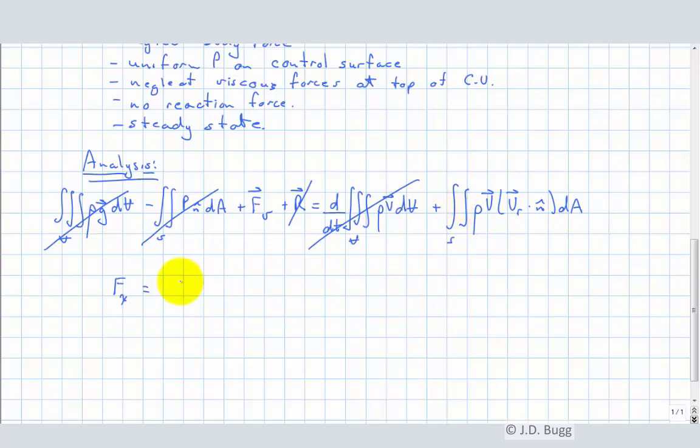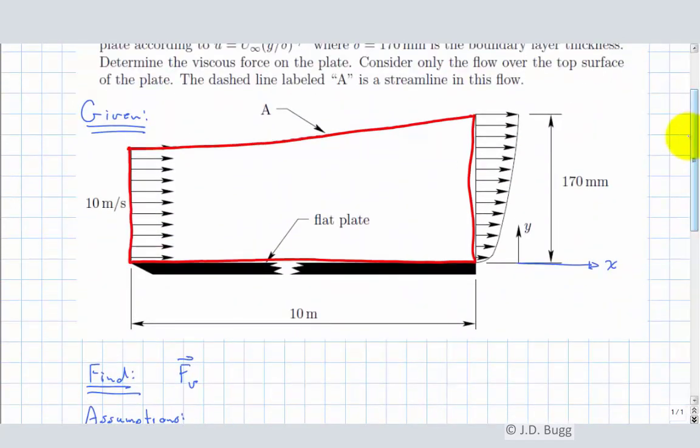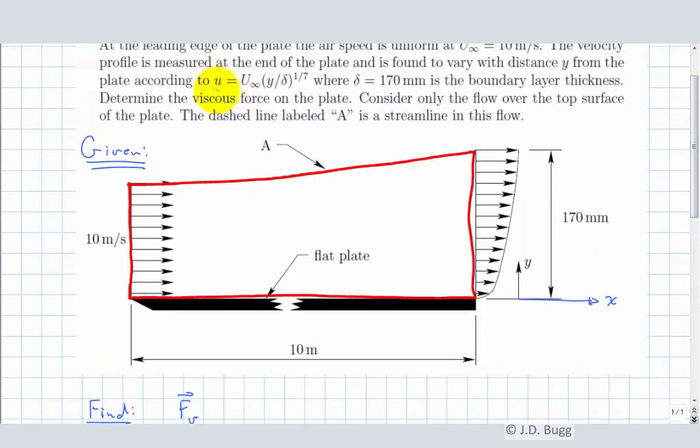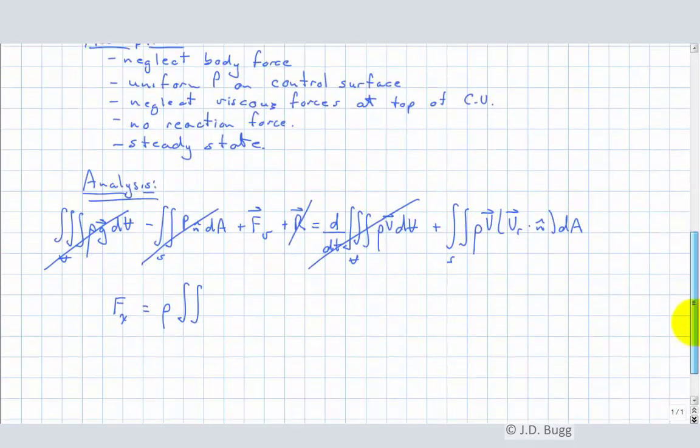So first of all, the exit, which is non-uniform, we can take the density outside, and we'll have an integral over the surface, and we'll figure out what those limits are in a moment. The velocity here, we only need to consider the x component of that velocity, and that is just given by this equation here. This is the x component of velocity, that equation. So we put that equation in there. So that velocity is u infinity times (y over delta) to the 1/7. So that's this velocity.